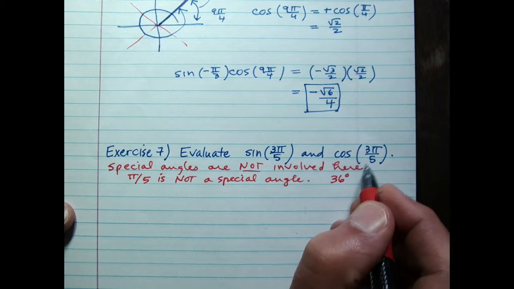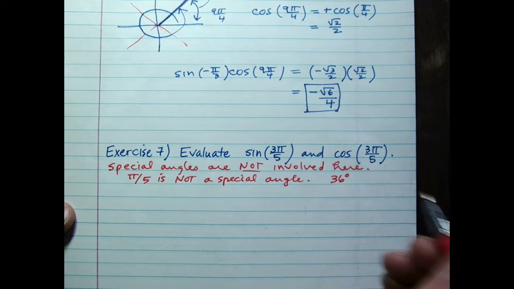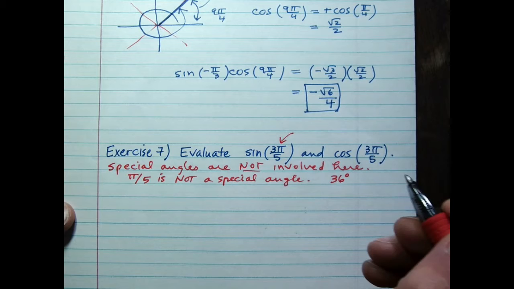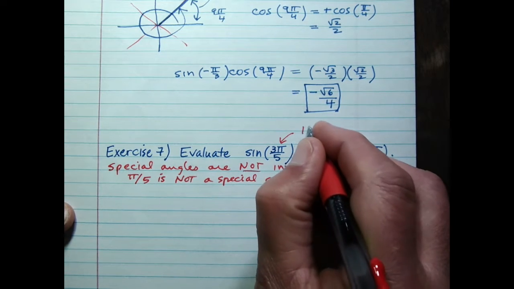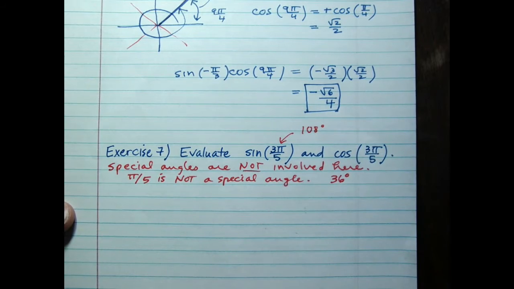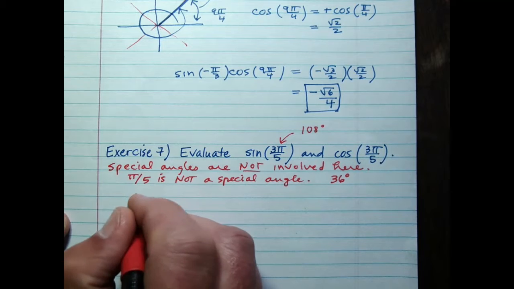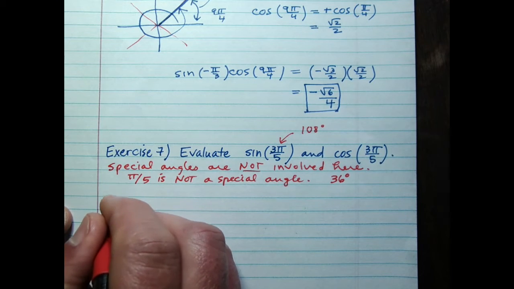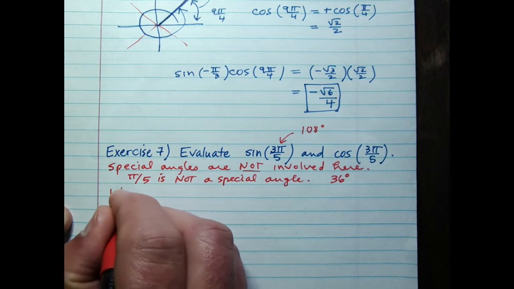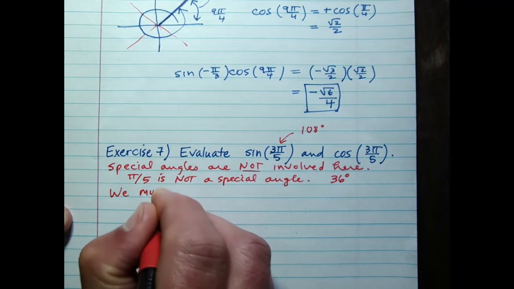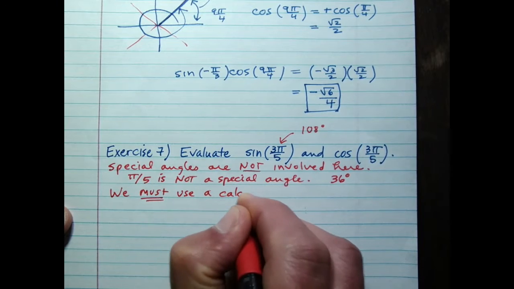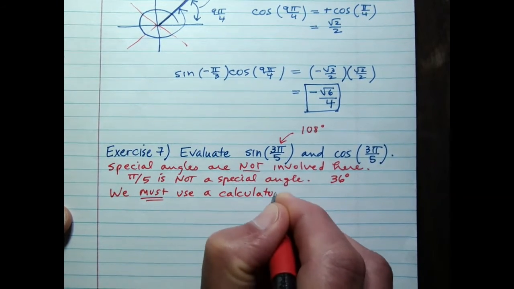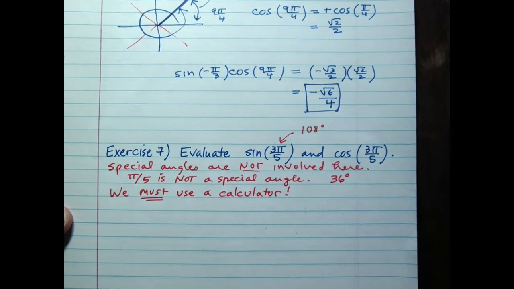So 3 pi over 5 would be 3 times 36 degrees, which is, I think, 108 degrees. But the point here is we must use a calculator. That's the only way that we have to give values in this situation.